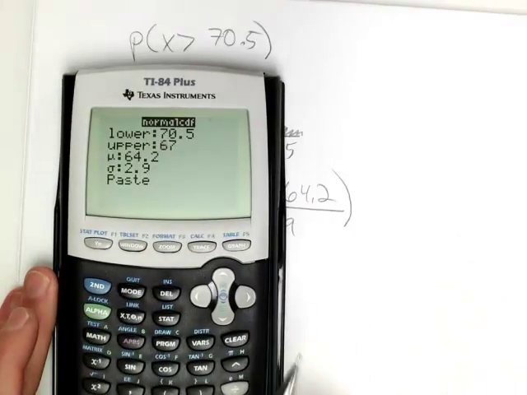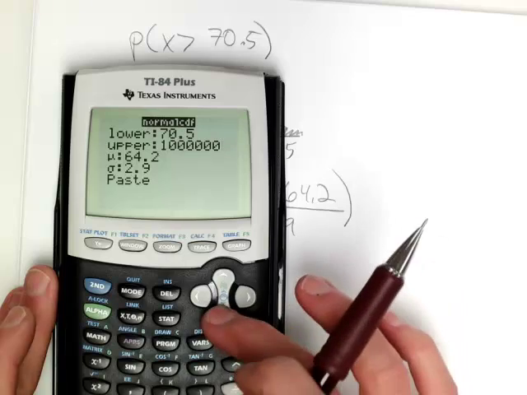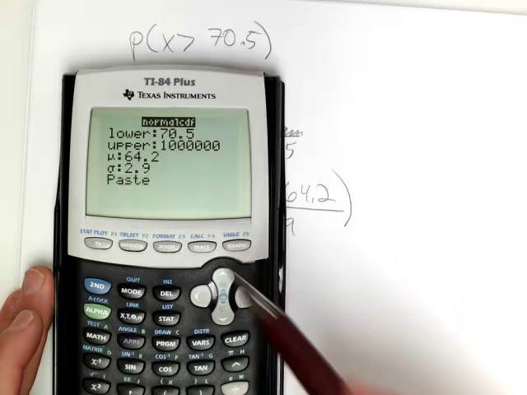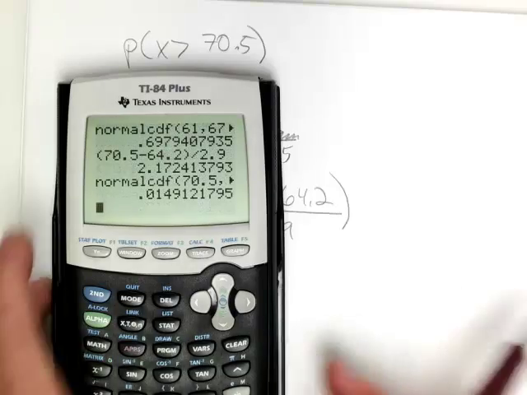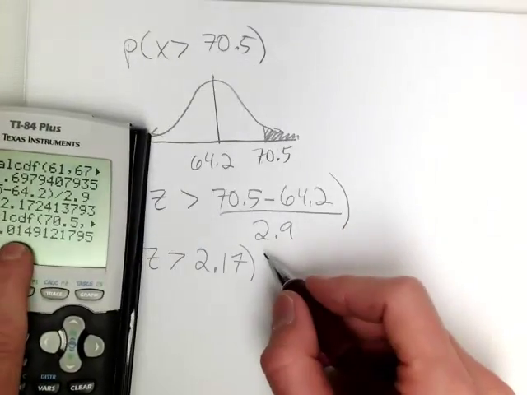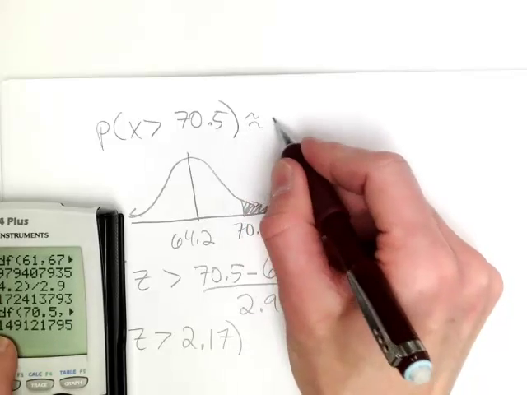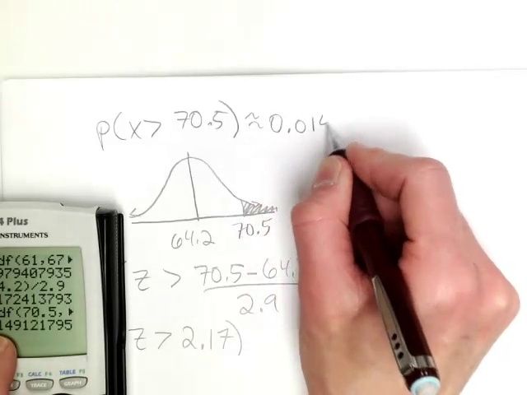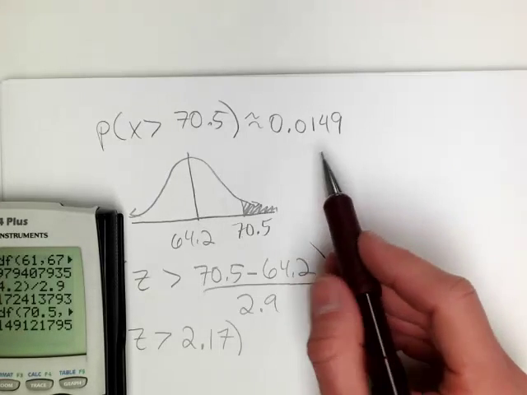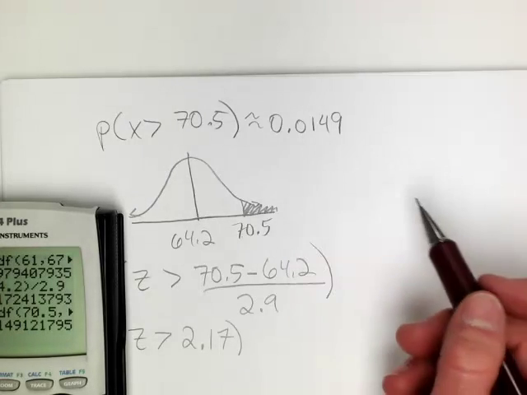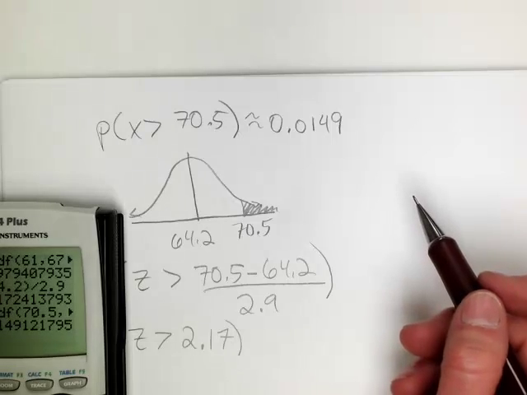So I'm going to put in an extremely large number and leave mu and sigma the same. I get a value of about 0.0149. So yeah, this is considered unusual also because it has a probability that's less than 0.05.